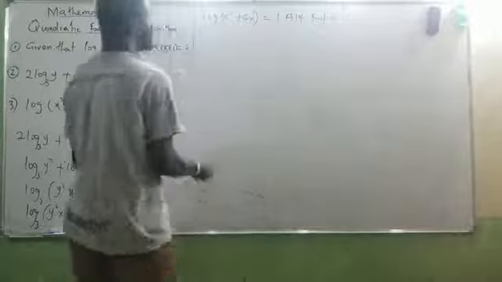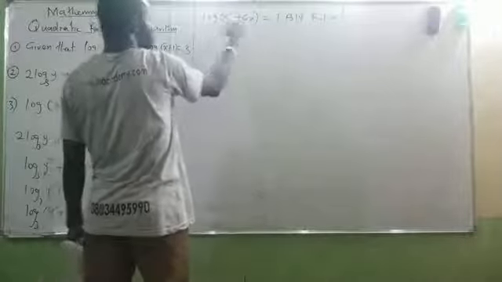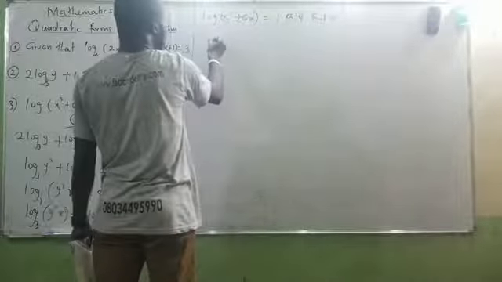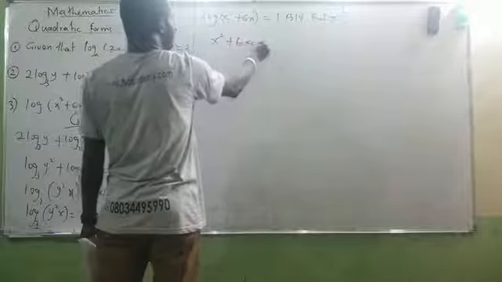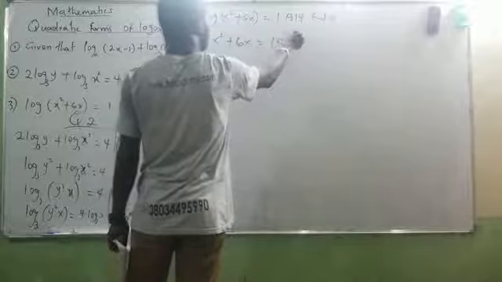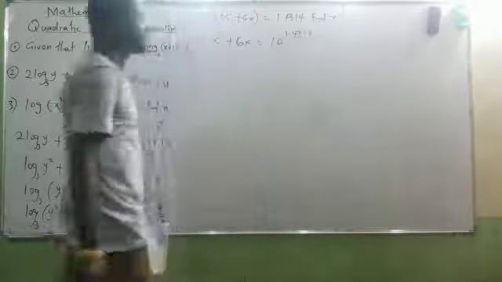What I just need to do here is antilog both sides. It means I'll be having x squared plus 6x equals 10 raised to power 1.4314. Take note of that.